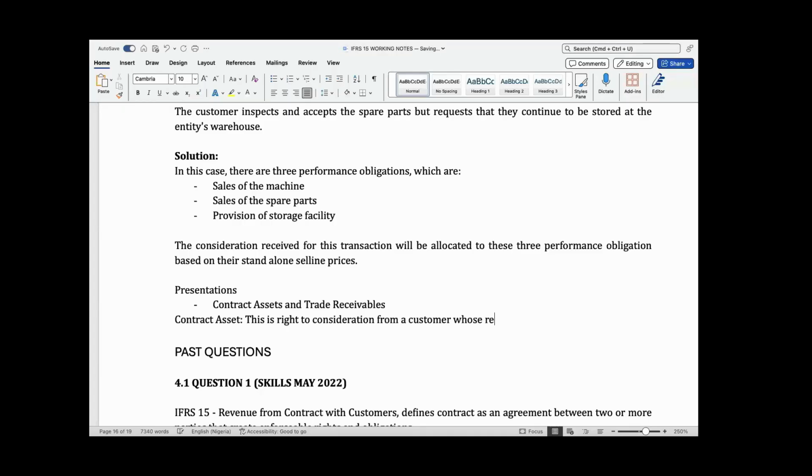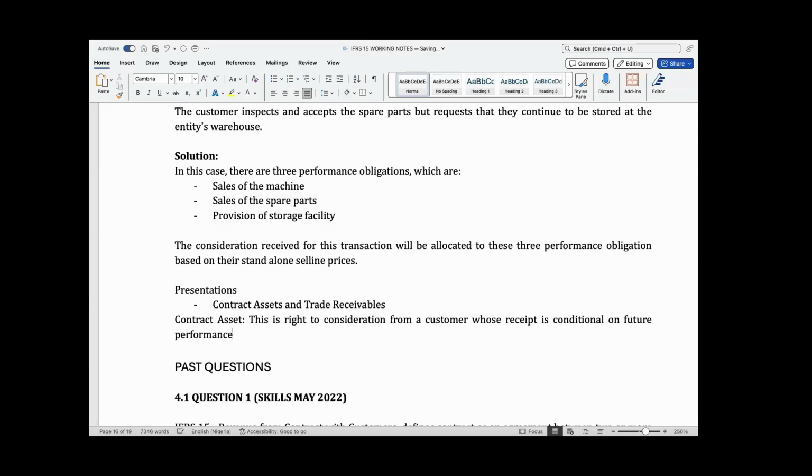whose receipt is conditional on future performance. So a contract asset will be recognized where you have a right to consideration from a customer and the receipt of that money is still conditional on future performance.